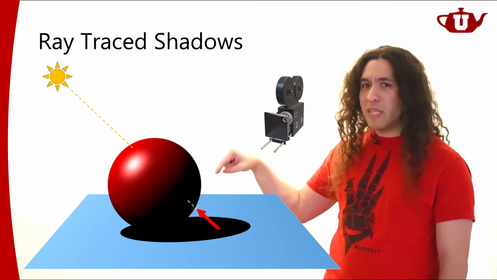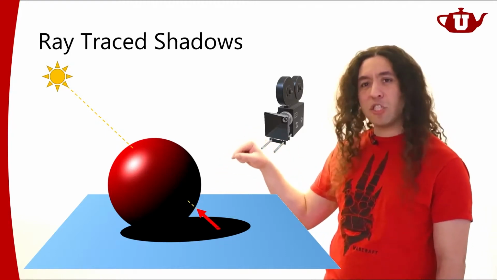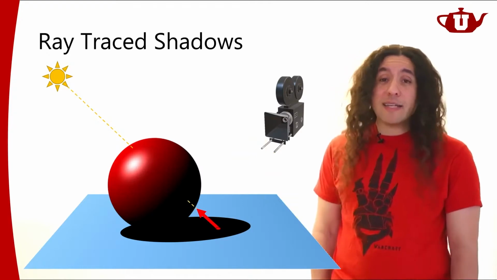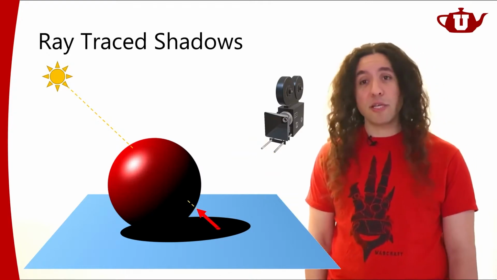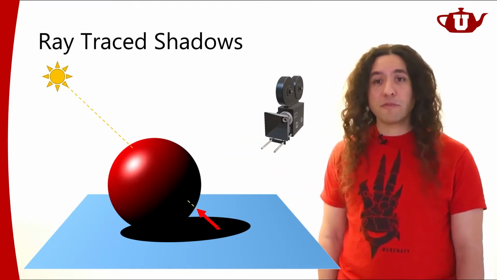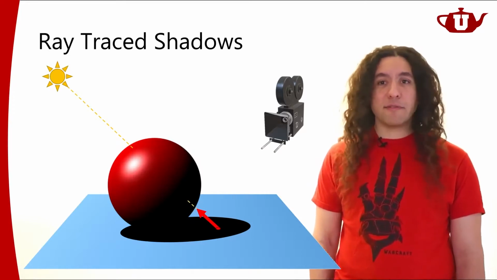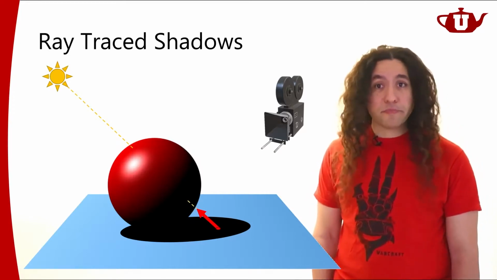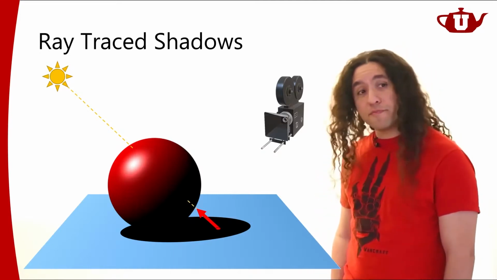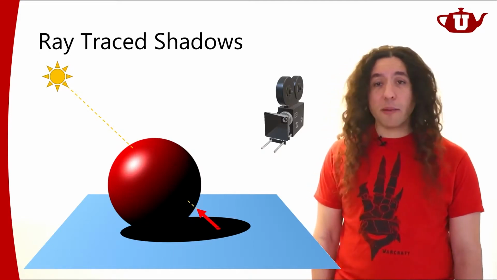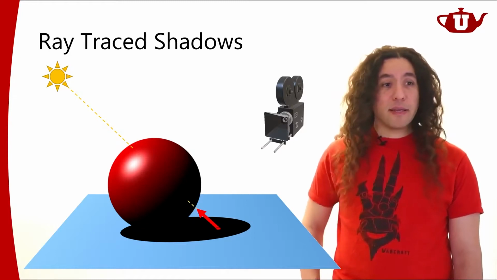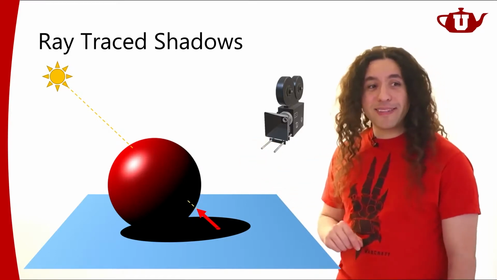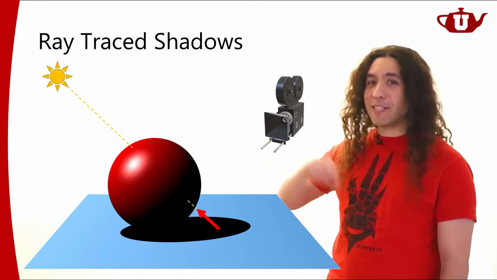So these types of rays are relatively cheaper to compute, but nonetheless, it is ray tracing. There's going to be some cost associated with it. And especially for real-time interactive rendering, you may or may not be able to afford that cost. So what we're going to do is talk about methods that are not going to be ray tracing only.